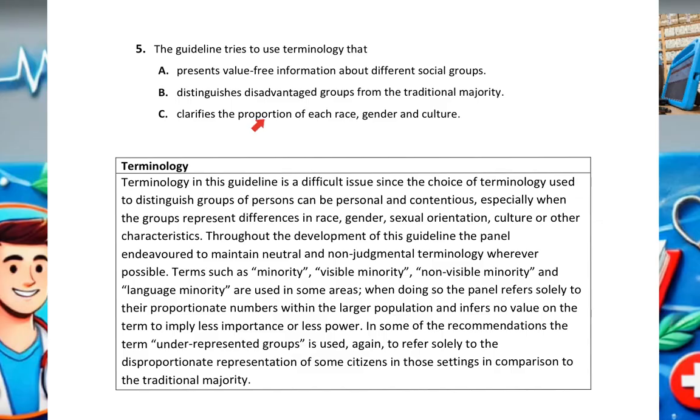They are not specific with the figure, you understand? So if you say clarifies, it means you are describing the group in detail, which is wrong. Therefore, A, represent value-free information about different social groups, is the most likely, because they said it infers no value on the term. So it means value free, no value. All right.